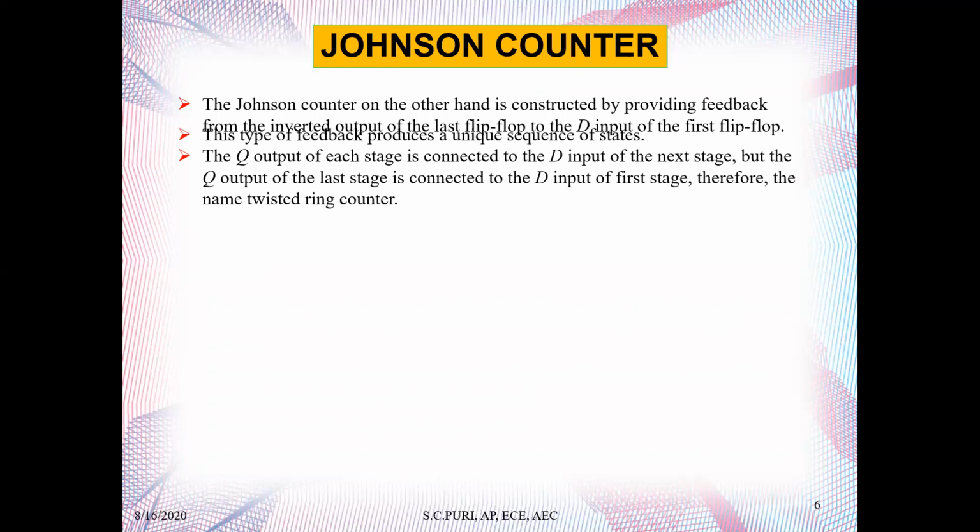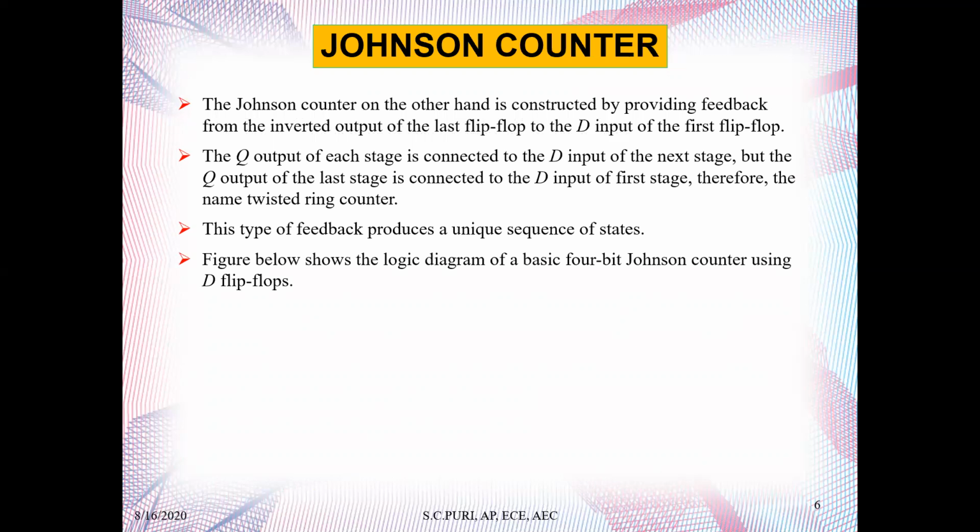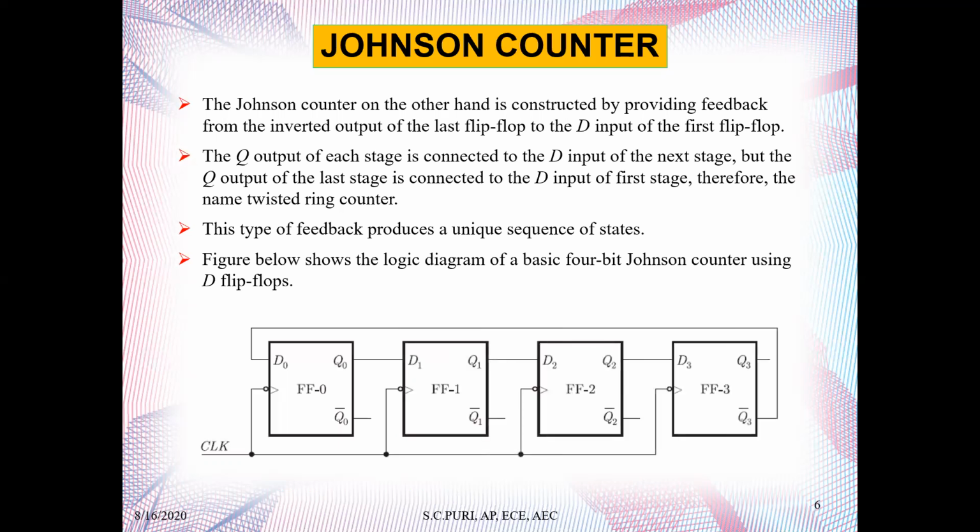This type of feedback produces a unique sequence of states. The figure below shows the logic diagram of a basic 4-bit Johnson counter using D flip-flops. It is the same connection, except that at the end, where in the ring counter we connected the output directly, in the Johnson counter we connect from the complemented output.